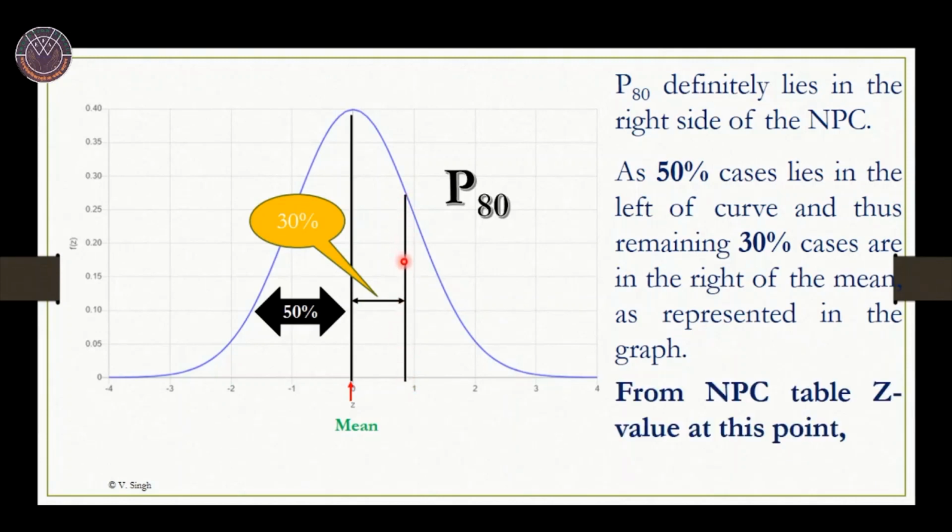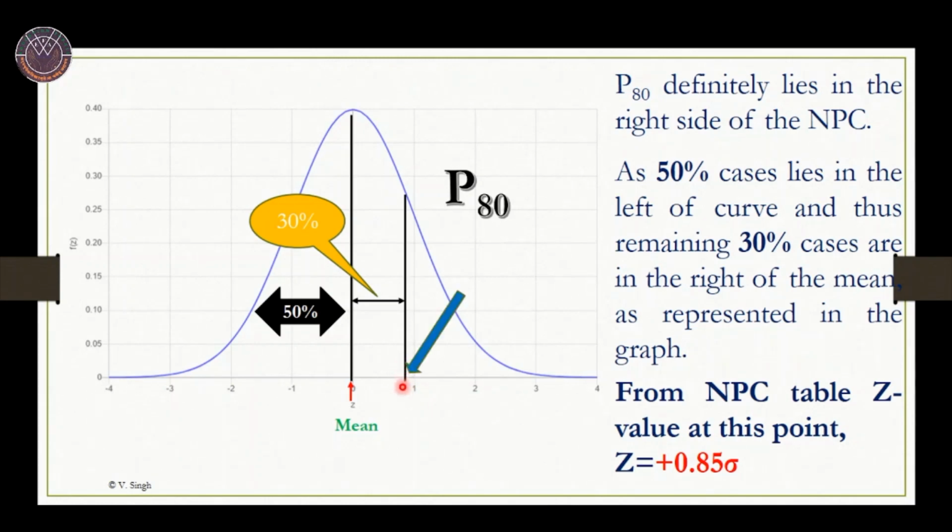Now to solve it further, we have to follow the NPC table, and from here we can easily see that the percentage of cases from the mean to this particular point is 30%. So we follow the NPC table for 30% of the cases, and we can see that the Z value here is 0.85 sigma.